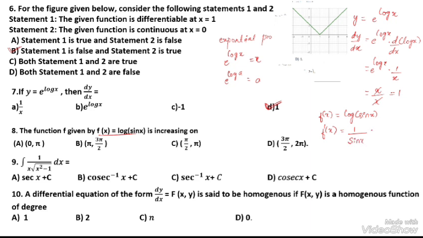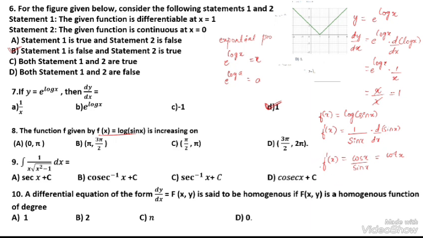Again the differentiation of sin x is cos x. It becomes cos x divided by sin x, which is cot x. Therefore, f dash of x is equals to cot x.